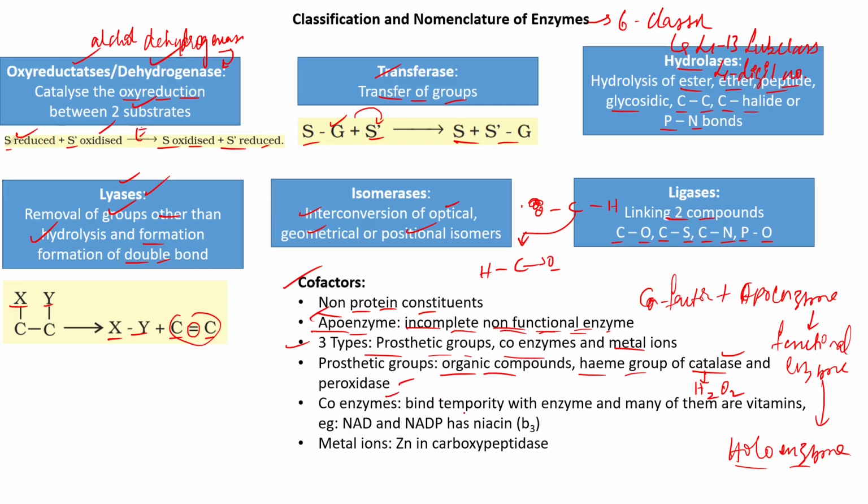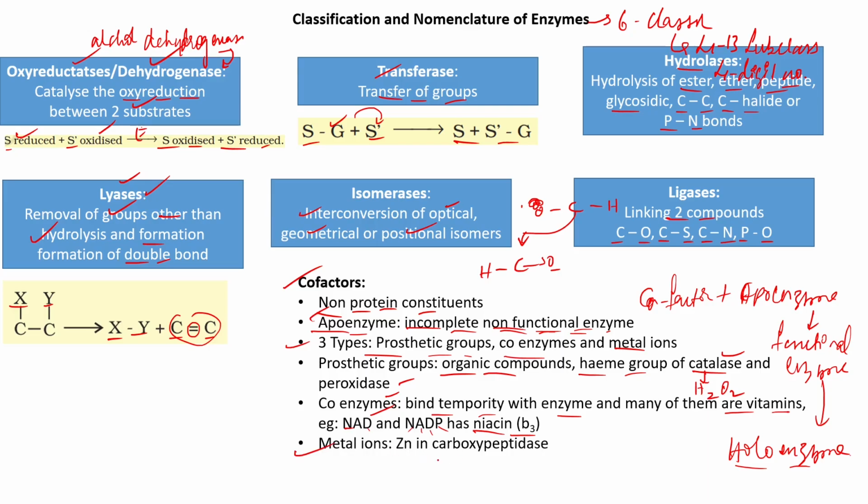Coenzymes mainly bind temporarily with the enzymes, and interestingly, many of them are vitamins. For example, NAD stands for nicotinamide adenine dinucleotide, and NADP means nicotinamide adenine dinucleotide phosphate. It mainly contains vitamin B3, that is niacin. In some cases, you also find metal ions.